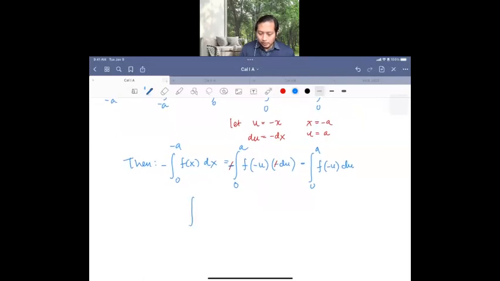And then our integral of f of x dx can be written as the integral from 0 to a of f of negative u du plus the integral from 0 to a of f of x dx.